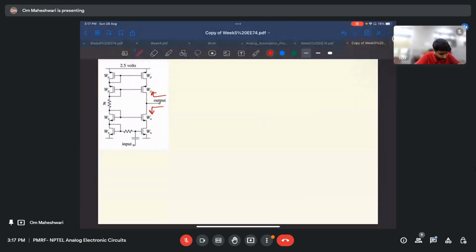So the impedance will be, let's say, if this is Zn, Zp. So Zo, the output impedance, will be Zn parallel Zp. But since both are equal, it will be Zn by 2, right? Okay. Why am I calling these impedances equal, why is Zn equal to Zp?